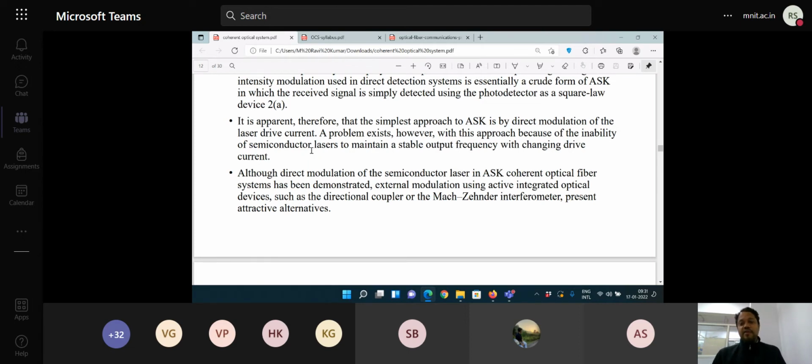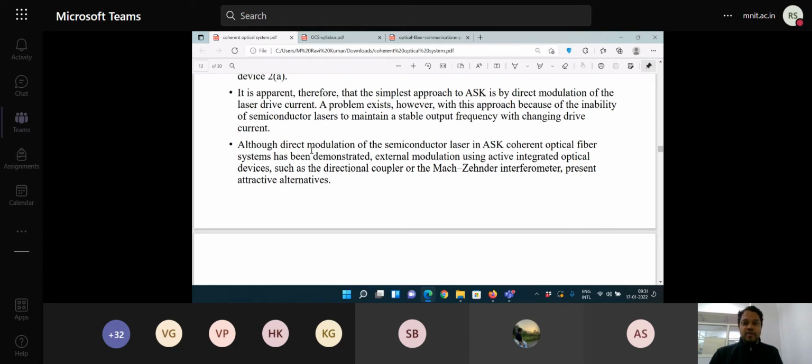If there is a problem with the laser controller, then the output may jump, or what is termed mode hopping. So mode hopping can happen, but with very highly reliable laser drivers, this is not a very big problem.